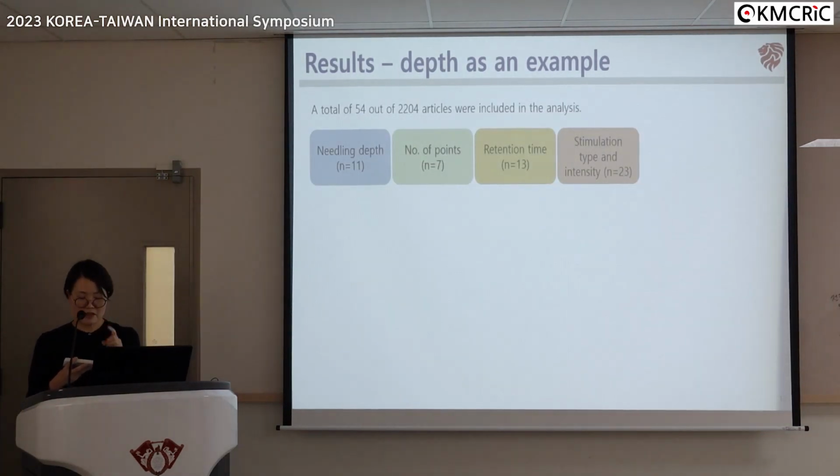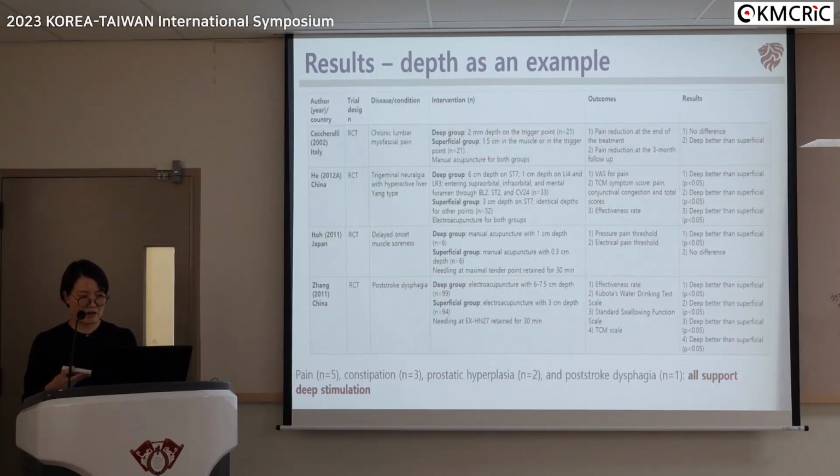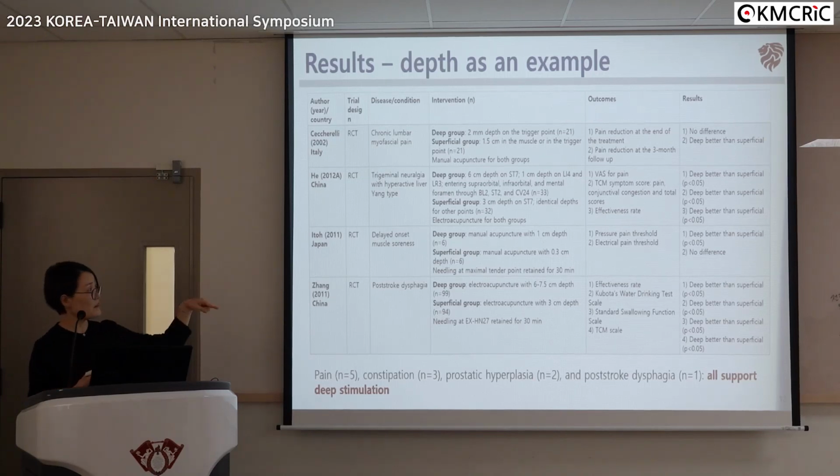So we included 54 final studies out of 2,204 articles from the search. And for needling depth, we got 11 studies included. We tabulated the extracted data like this, shown in the slide.